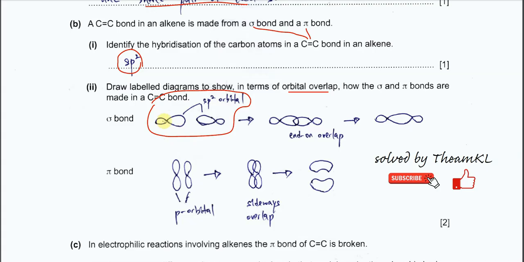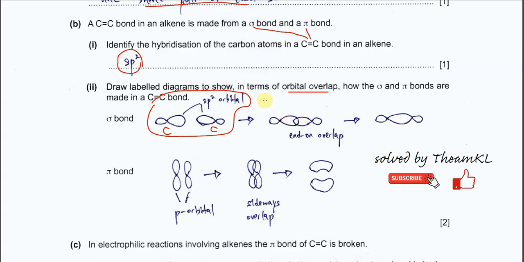So this hybrid orbital is from one carbon, and this hybrid orbital is from another carbon. And these two hybrid orbitals will undergo end-on overlap, or head-on overlap, like this to form this sigma bond, right? So this is how the sigma bond looks after overlap.